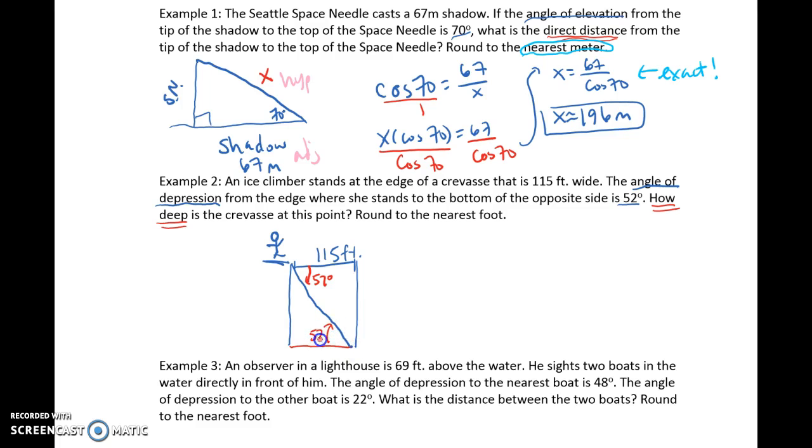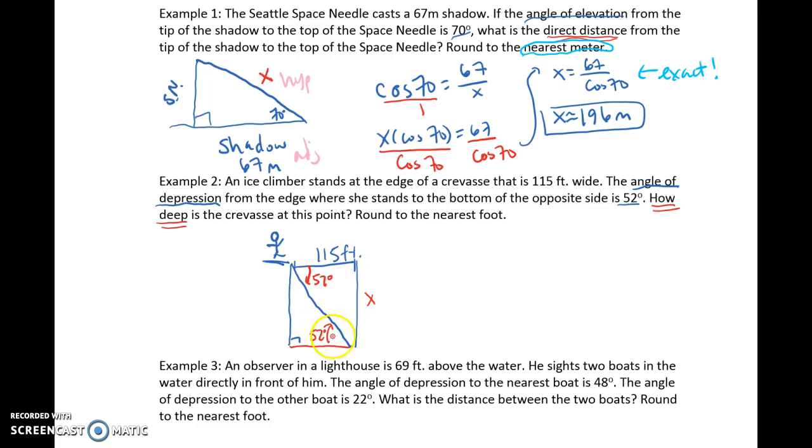So this is also 52 degrees because we have a rectangle, basically, right? Because we can make a right angle, that vertical height of your crevice is going to be perpendicular to the ground here. So then it's kind of up to you what you want to do. So we want to know how deep the crevice is. So the depth is going to be, from top to bottom, that's x.